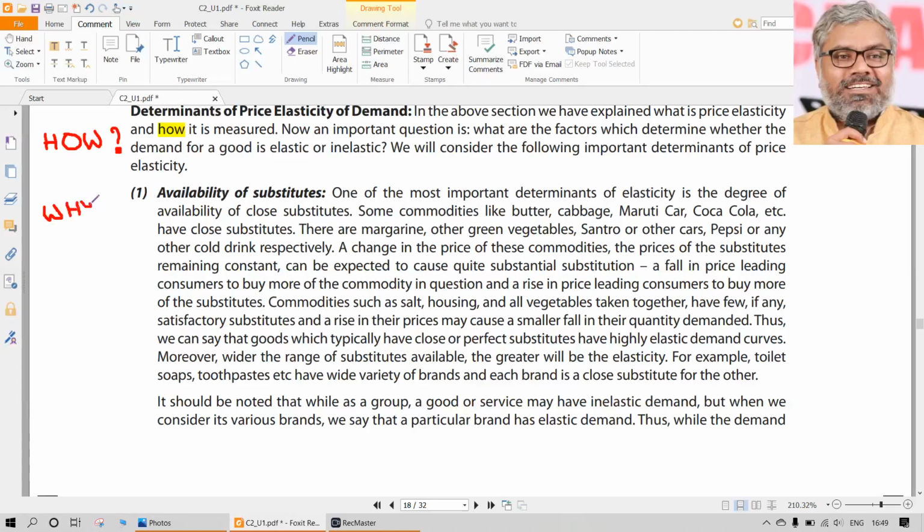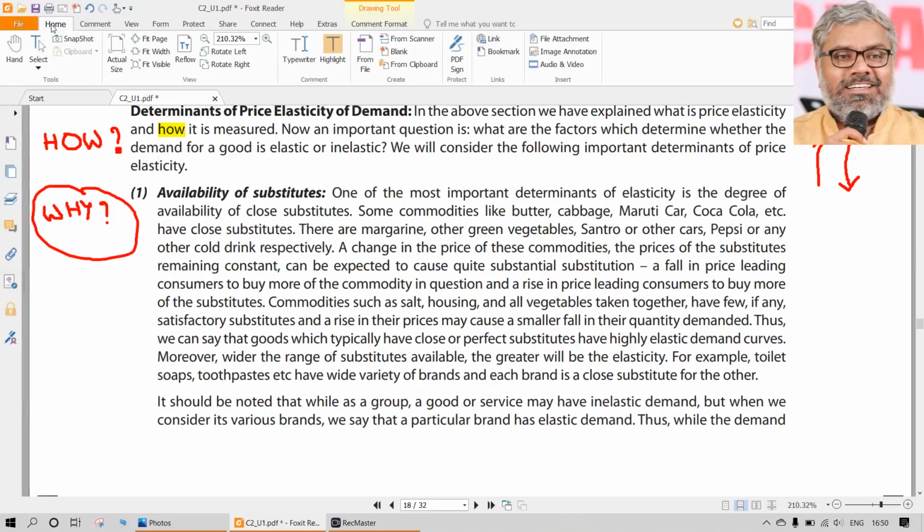In other words, what factors will impact this price elasticity of demand? We are going to the root causes of the price elasticity of demand. Because of these causes, it can be high or low, whatever it may be. What are those factors? Let us understand them one by one.